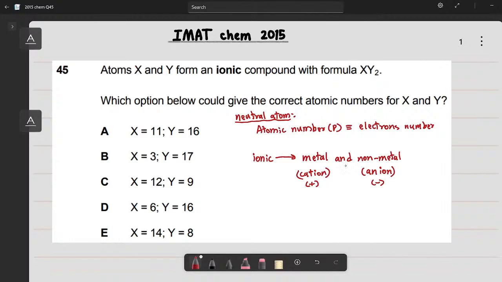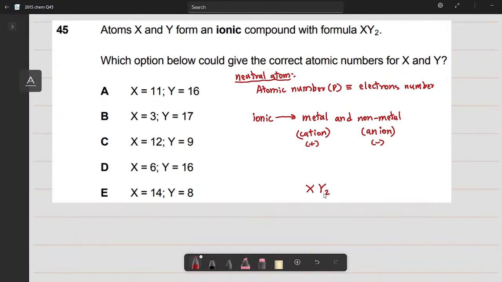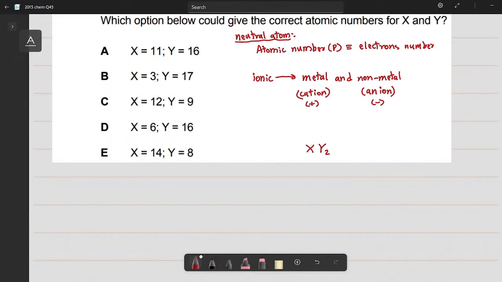It's mainly formed between metals and non-metal compounds. So now the ionic compound they gave us is XY2. So we have 2 Y atoms bonded to this 1 X ion. Okay, so what we can do is separate this into ions.